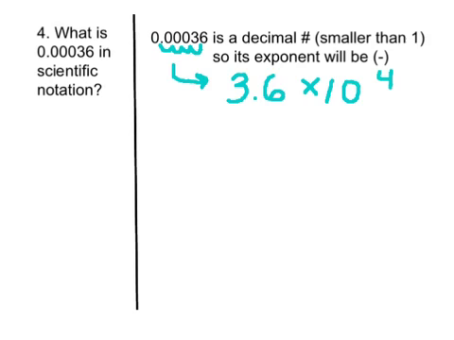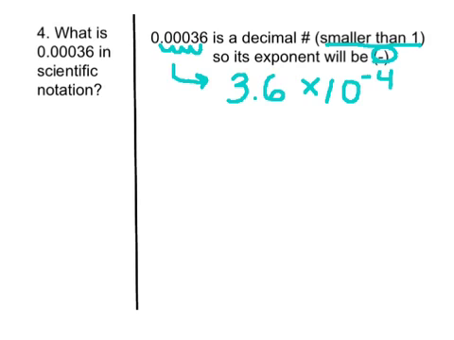But we know that because it's smaller than 1, our exponent has to be negative. So it's not only going to be 4, it's going to be negative 4. To put 0.00036 into scientific notation, it would be 3.6 times 10 to the negative 4. Same number, just a different way to write it.